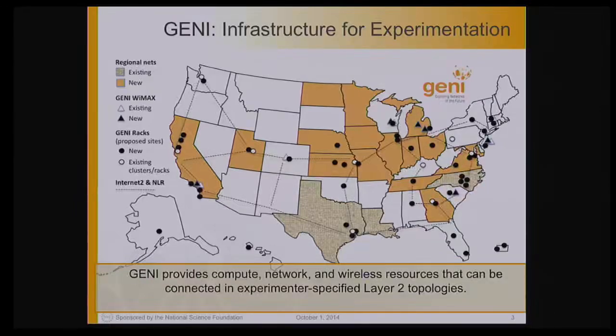And there were two core networks that were providing nationwide spanning connectivity. That was Internet 2 and National Lambda Rail. As you may know, National Lambda Rail is no longer operating, so the core of the network is now just provided by Internet 2.